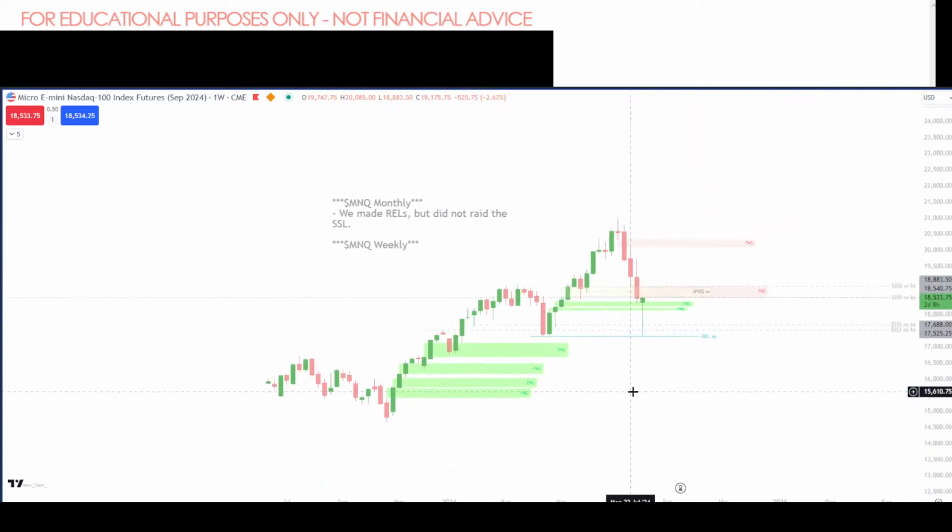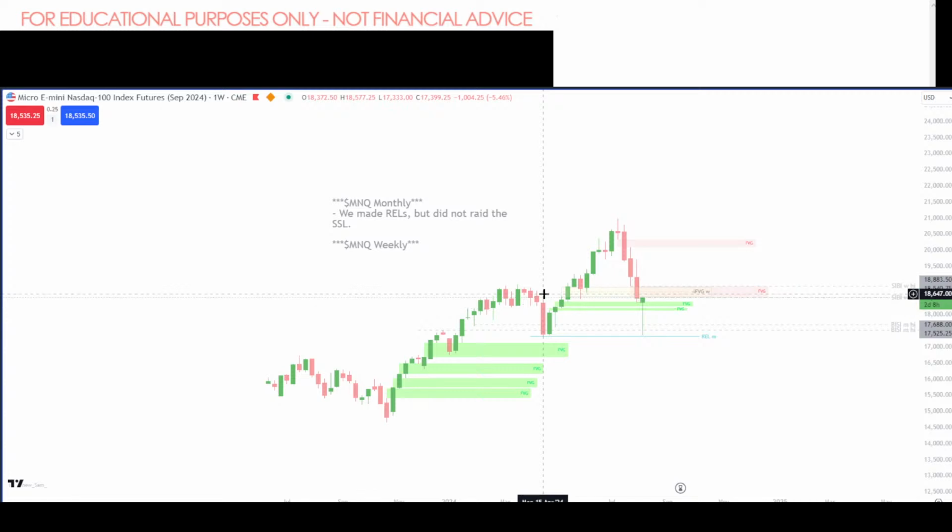What else are we noticing here that we would want to notice? Well, if this is a weekly dealing range, then this is an order block at the bottom of the range. Of course, we can take this bigger range, but we can also just take this range, I think.